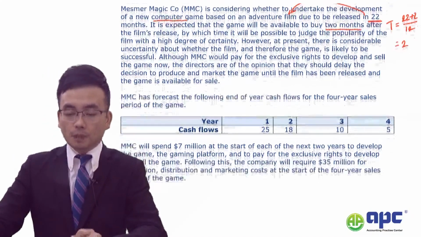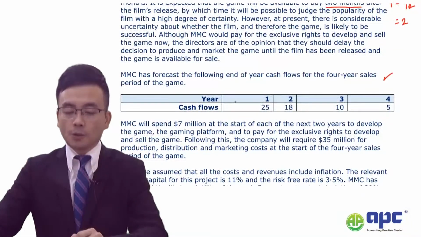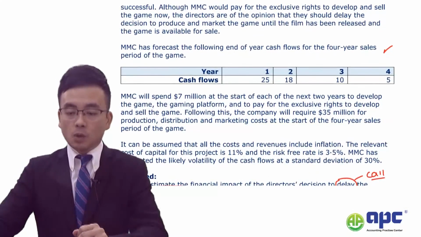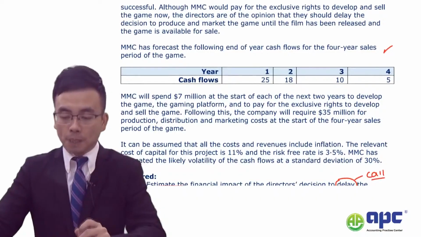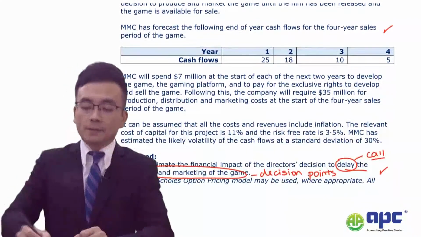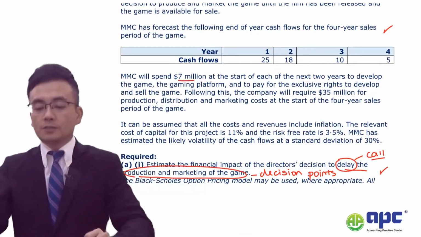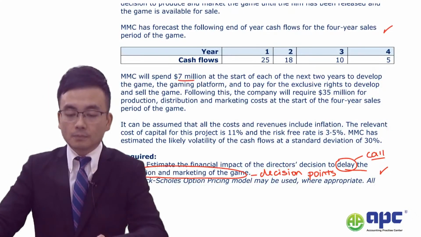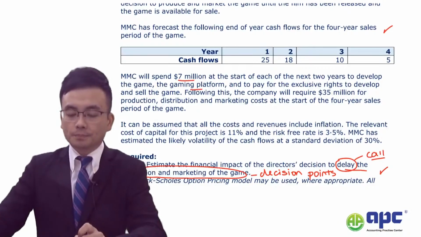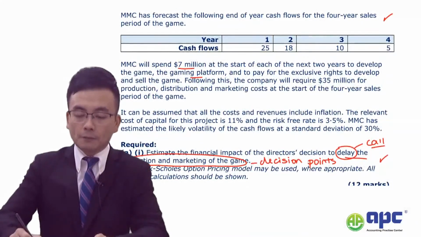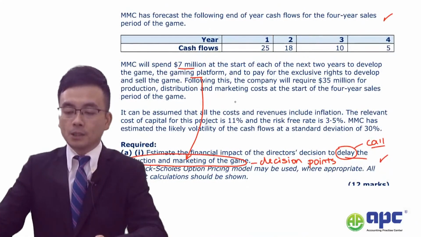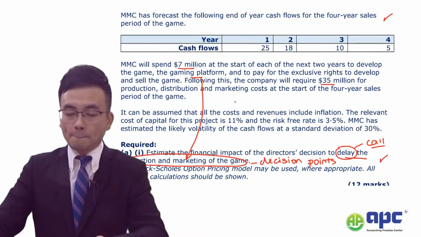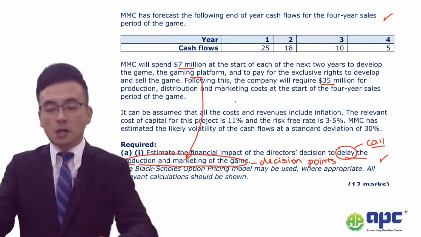So, we forecast the 4-year sales period for the game from year 1 up to year 4, but we will spend 7 at the start of the next 2 years to develop the game, the gaming platform. Well, the gaming platform, we need to produce that, so we will require another 35 for production, distribution, marketing costs.